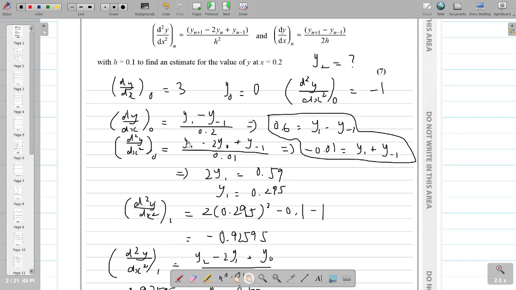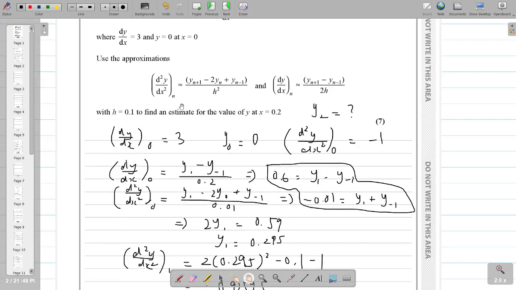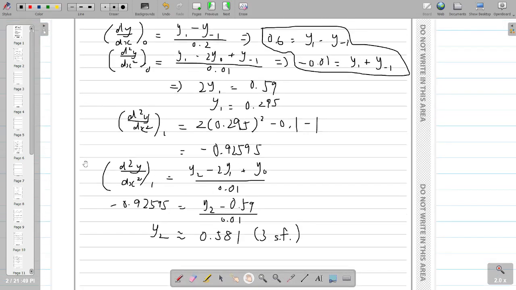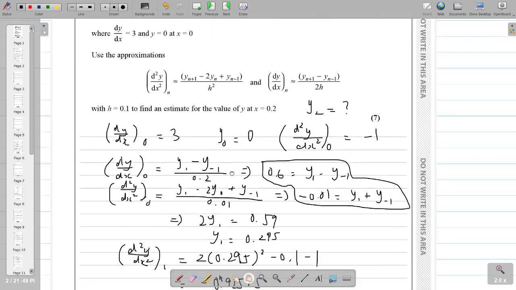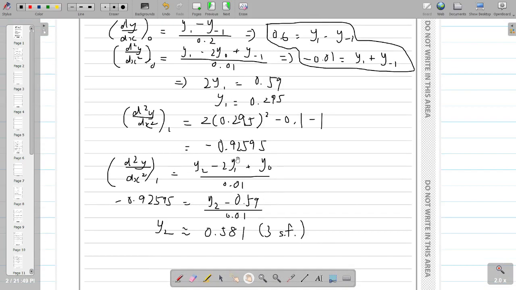And we also know that the approximation formula for the second derivative is given by this, by substituting n equals 1 into all of them. We know what this value is from here. We don't know what this is, but this is what we're looking for, because y sub 2 is what y is at x equals 0.2. Y sub 1 we just found. Y sub 0 is just 0.